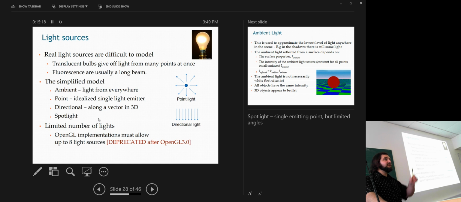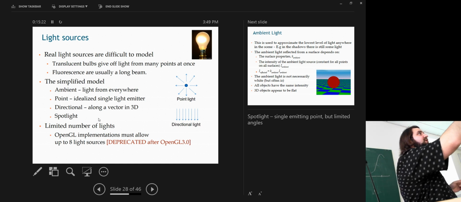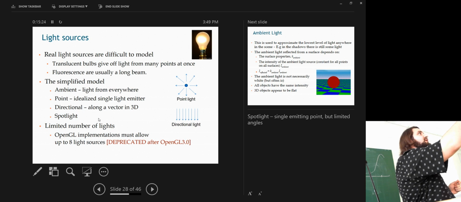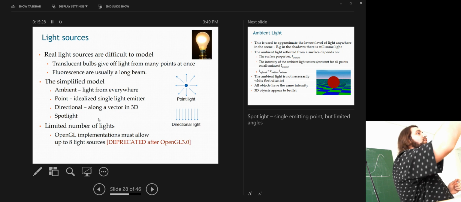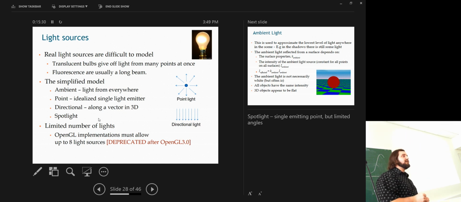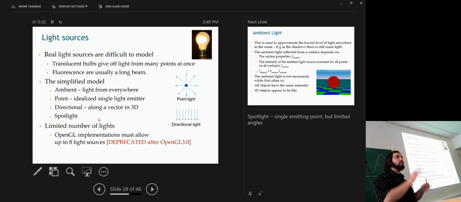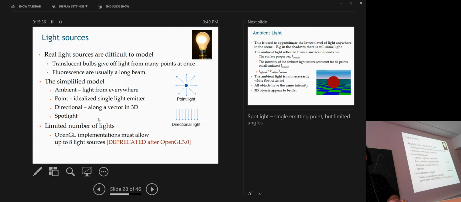For example, this bulb or this illuminating patch differs in how it emits light in each direction and how intense it is at each point. So it's very complex to model the whole one for each point of the location. Therefore, we use simplified models of the light sources.